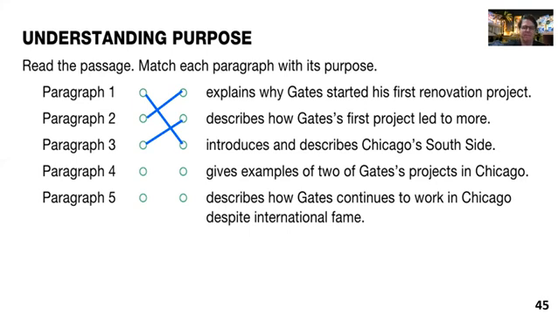Paragraph 4: gives examples of 2 of his projects in Chicago. And paragraph 5: describes how he continues to work in Chicago despite international fame. All right, as usual, if you need to pause because I was too fast, go ahead.